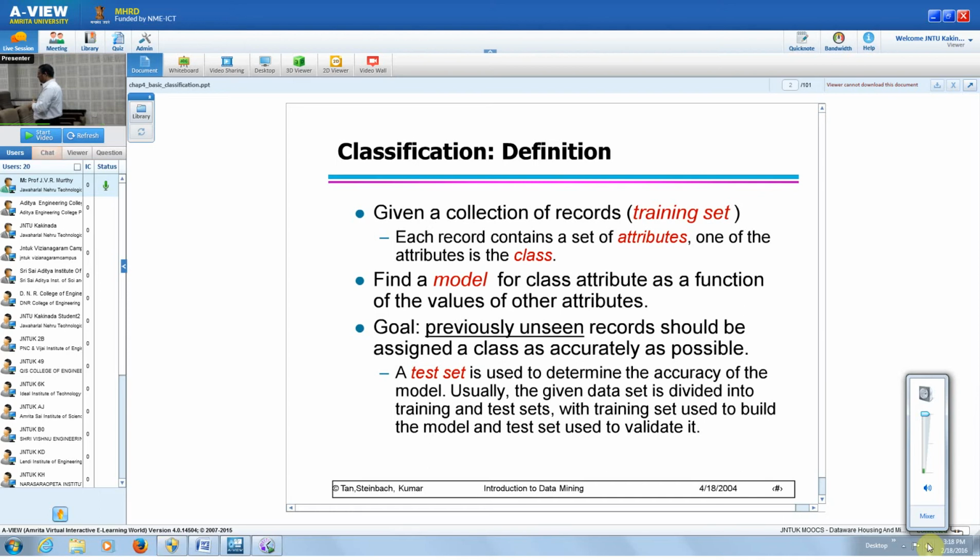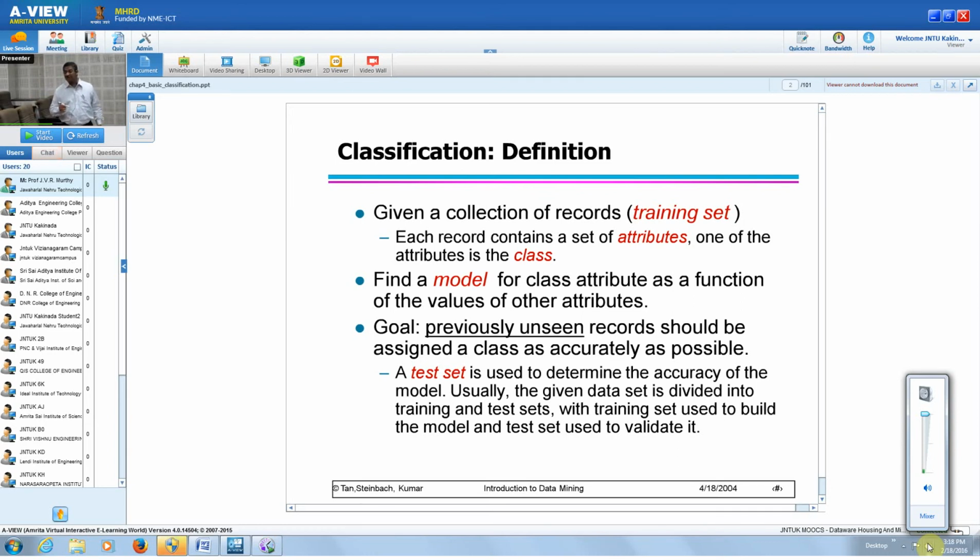But in regression, can you plot X, Y and all those things? So your regression deals with the numerical. Okay, I am coming to that point.